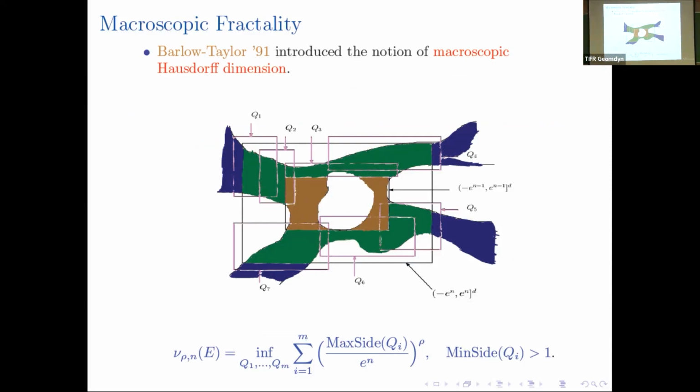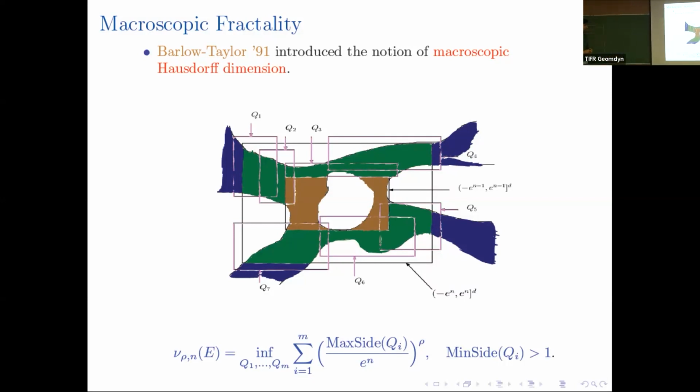Philosophically, if you take a stochastic process, zoom it out, and ask what is the usual Hausdorff dimension, that would be equivalent to this macroscopic Hausdorff dimension. But it needs a formal definition.